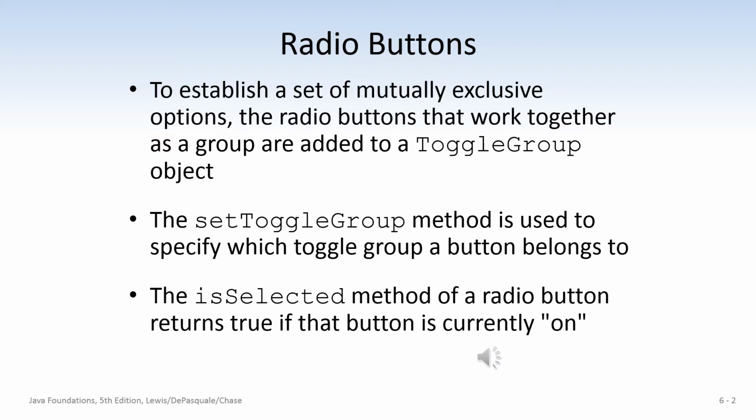When you add a radio button to a toggle group, if it was already a member of a different toggle group, it is removed from that toggle group and added to the new one. It can only belong to one toggle group at a time. The isSelected method returns true if the button is currently on, false if it's off.